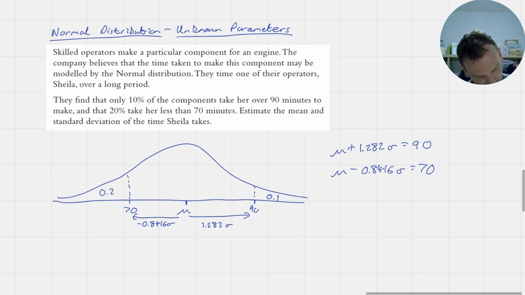Either way around you go here, you should end up being able to solve now and getting that your sigma is equal to 9.42 and that your mu is, sorry, my pen's just getting a little bit dodgy there. Sorry about that. I'll try that again down here. Sigma is 9.42 and mu is equal to 77.9.